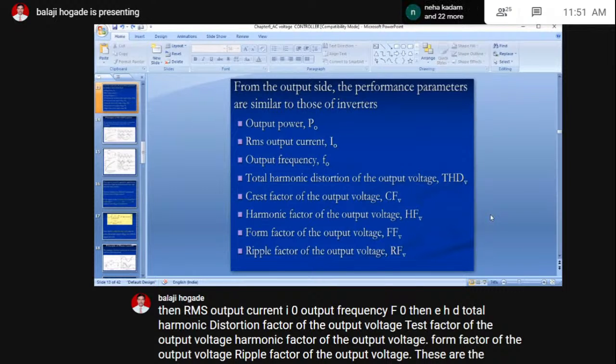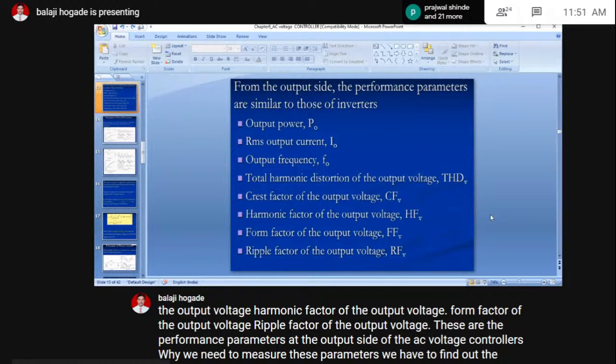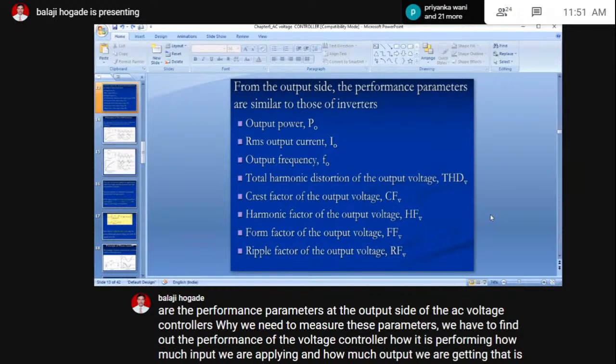Why we need to measure these parameters? We have to find out the performance of the voltage controller, how it is performing, how much input we are applying and how much output we are getting. That is the main objective of measuring these parameters.